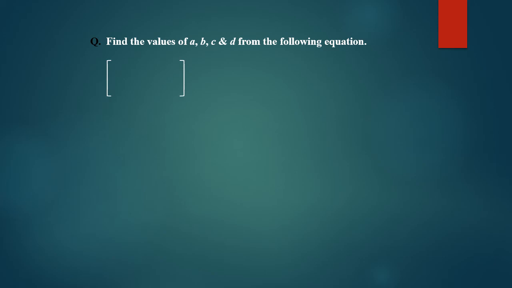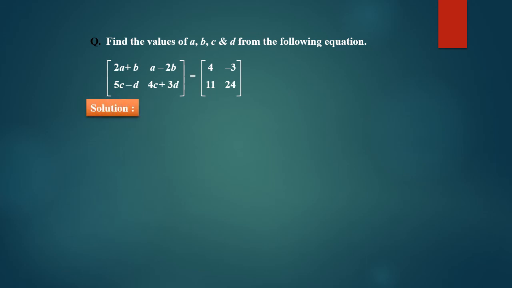Find the values of a, b, c and d from the following equation. So we are considering two matrices: 2a plus b, a minus 2b, 5c minus d and 4c plus 3d equal to 4, minus 3, 11, 24.